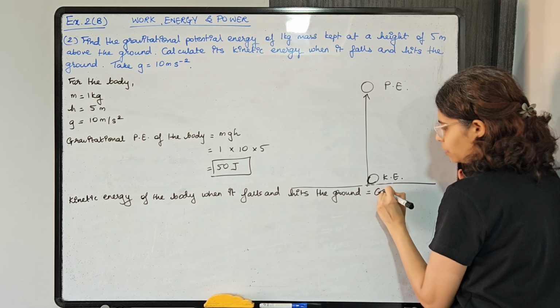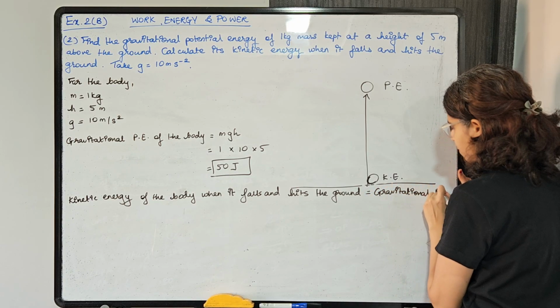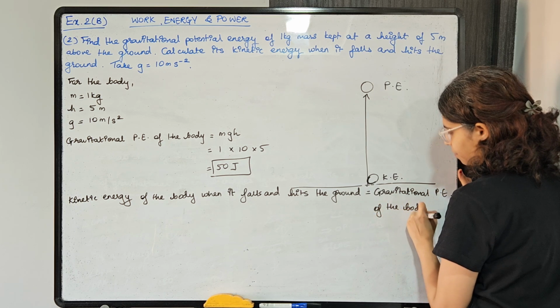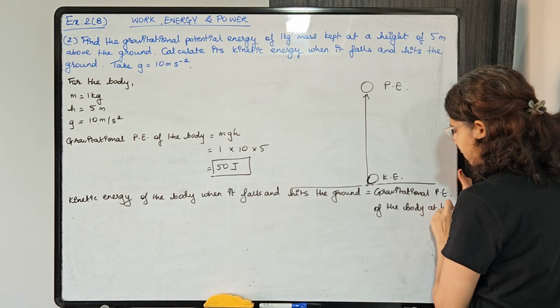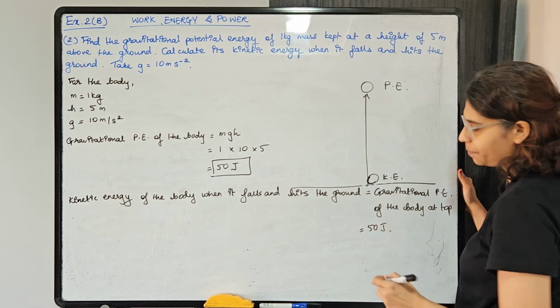It is equal to the gravitational potential energy of the body at the top, which is 50 joules, which we just calculated.